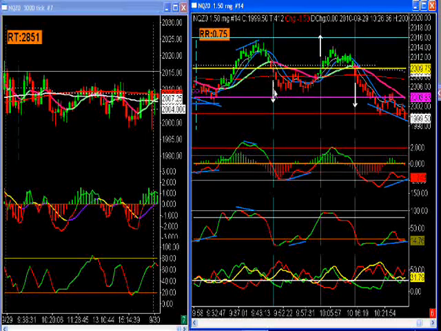But when you do have a large range, then as long as you've got enough room for that first target that you're looking for, you can wait for the setups and just take those.